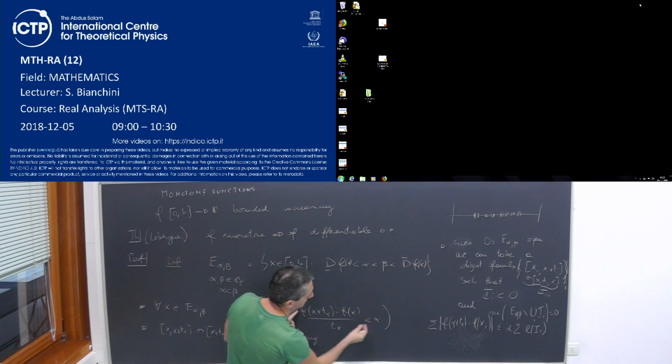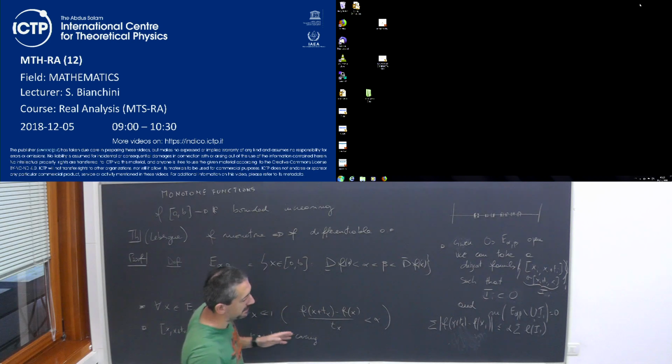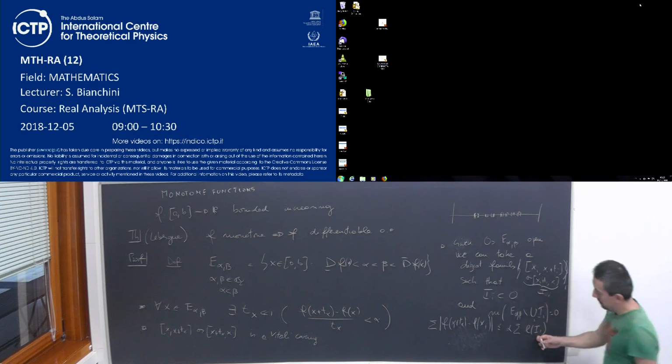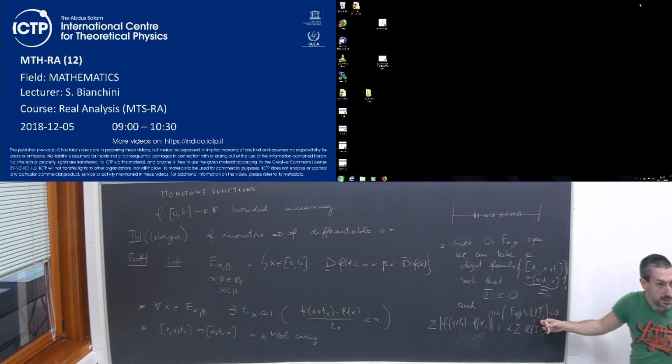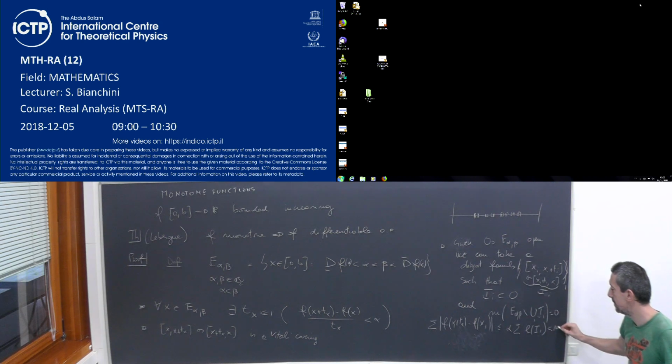So I move the modulus here: this guy is less than this guy times the modulus of this. But this is the measure of this union, because they are disjoint, and this is contained in O. So it's less than or equal to the measure of O times alpha.